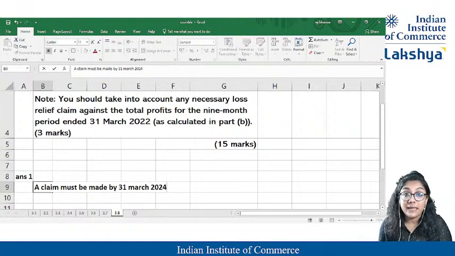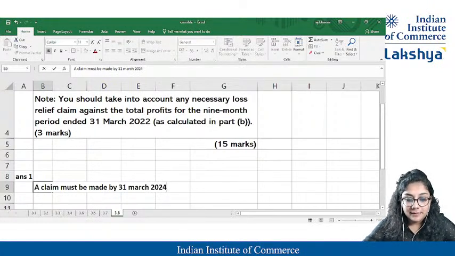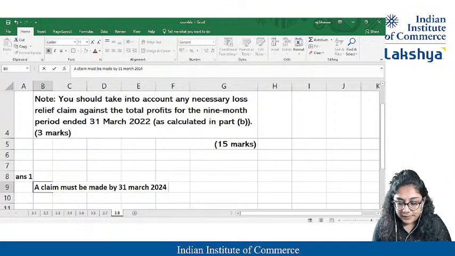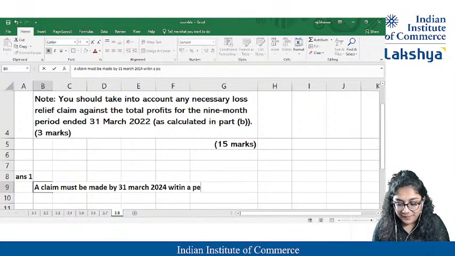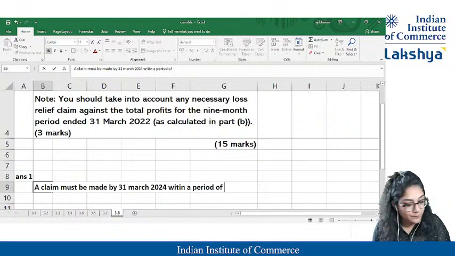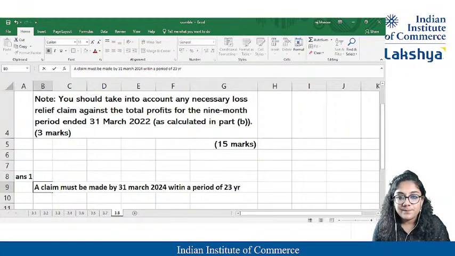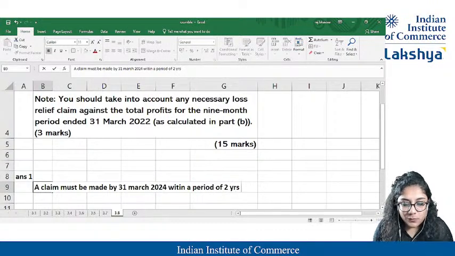I want to carry forward, so I have to make a claim till 31st March 2024, within a period of 2 years. Basically it's 2 years. Cool.